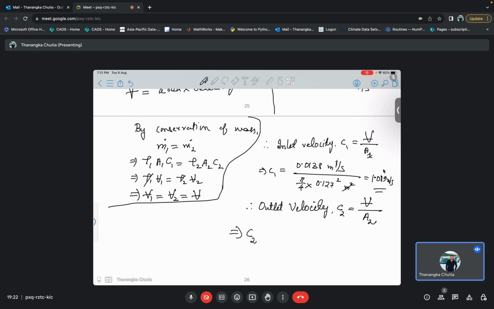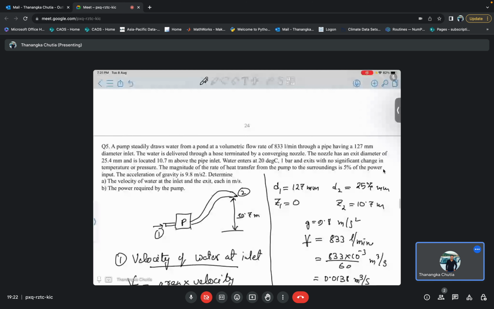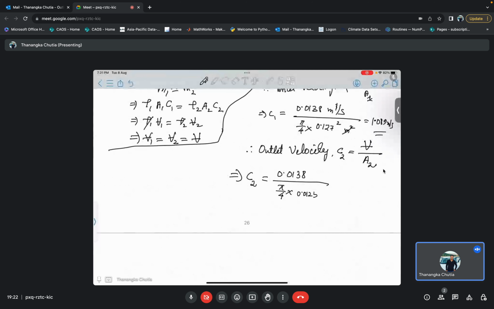So once again c2 is equal to 0.0138 divided by pi by 4 times, it is not 10.7 meter, it is 25.4 mm, so 0.0254 whole squared. This gives 27.45 meters per second. So this answers the first part.